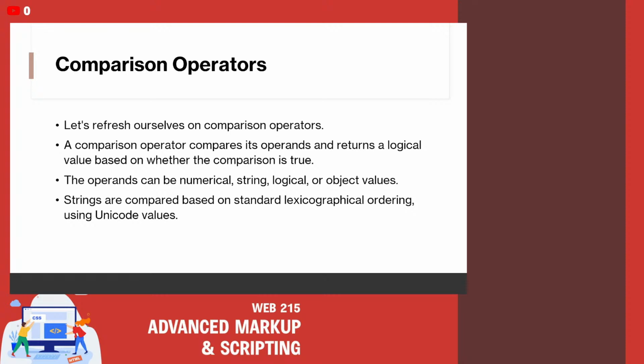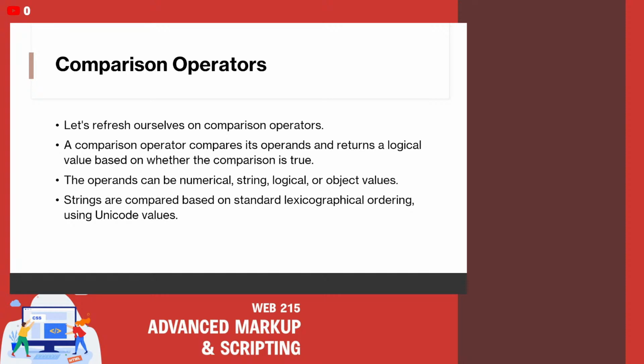When we're comparing strings, it's based on lexicographical ordering, or alphabetical order, right? You need to use Unicode values for those. So when we think about that, we're basically thinking about the ASCII chart, right? Uppercase letters have a lower Unicode value than lowercase letters.